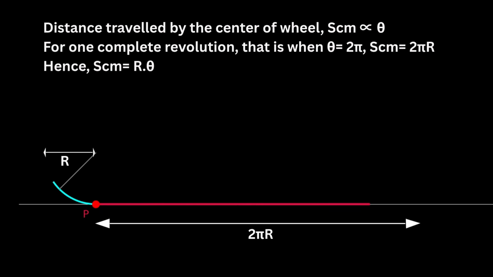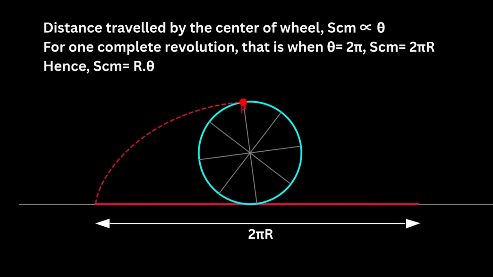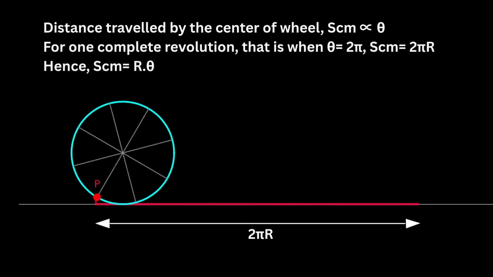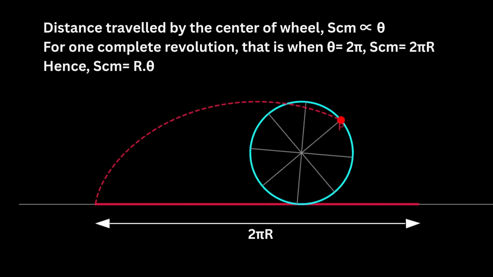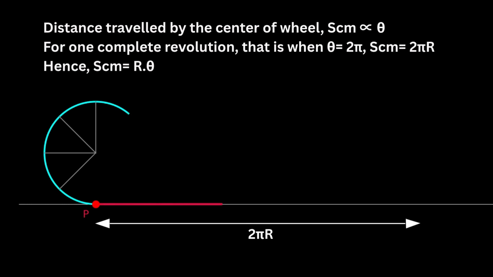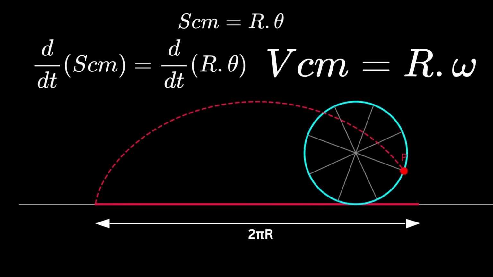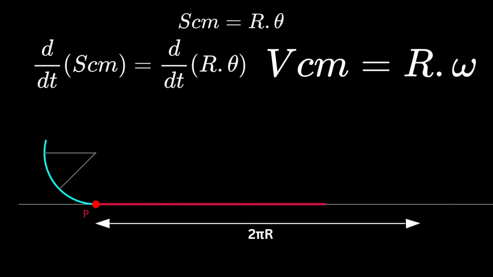What is the distance traveled by the center of the wheel? It is equal to the circumference of the wheel. That is, the distance is directly proportional to the angular displacement, or S is equal to r theta. If you differentiate it, you get the relationship that v is equal to r omega.